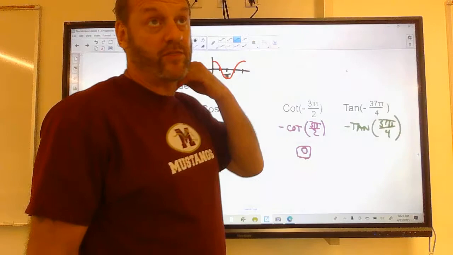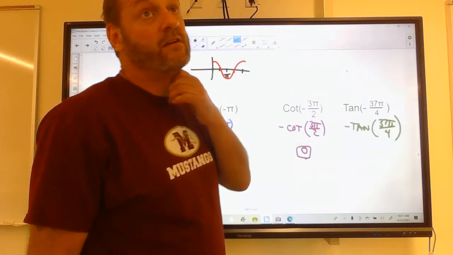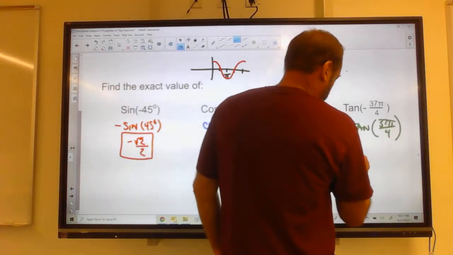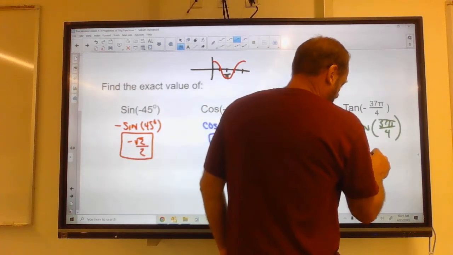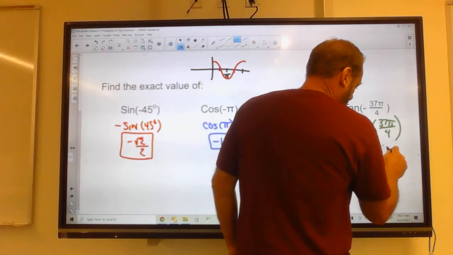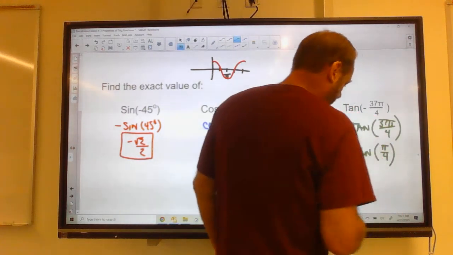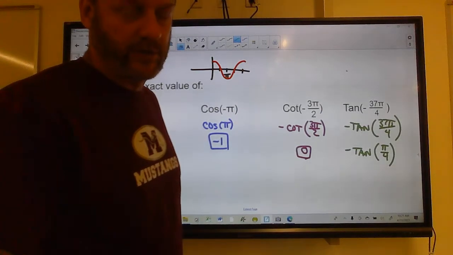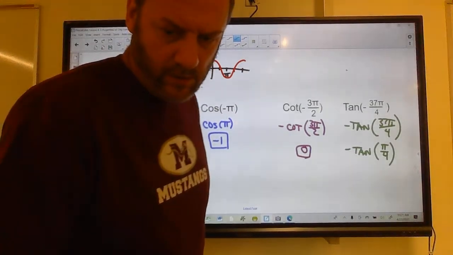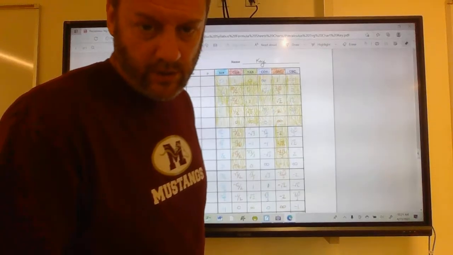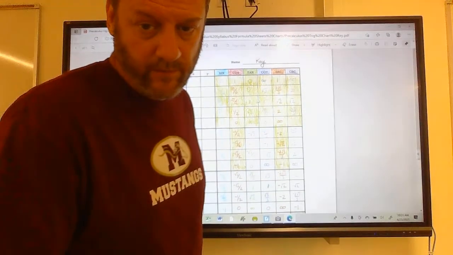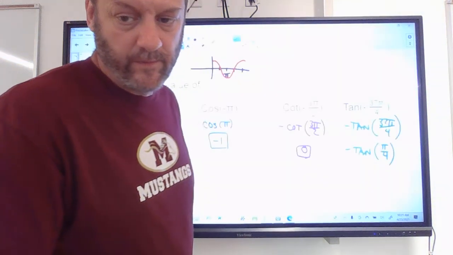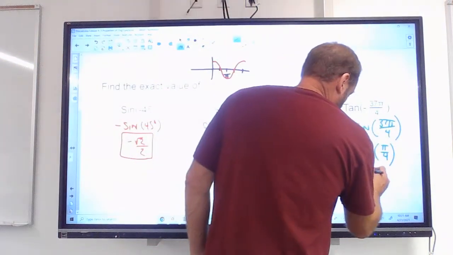Well, let's see. 36 pi over 4, that's a multiple. I can subtract 36 from this. This is going to be negative tangent of pi over 4. So I just have to know what the tangent of pi over 4 is, and I think that's 1. Let's look on our chart. Tangent of pi over 4. That's 1. So this would be negative 1.